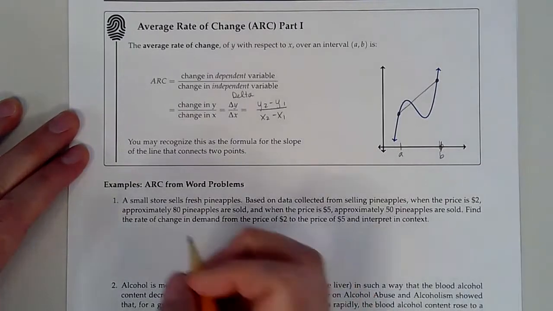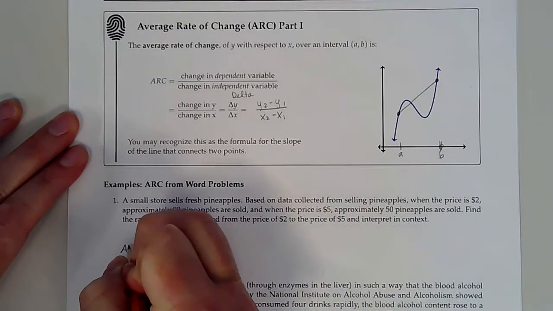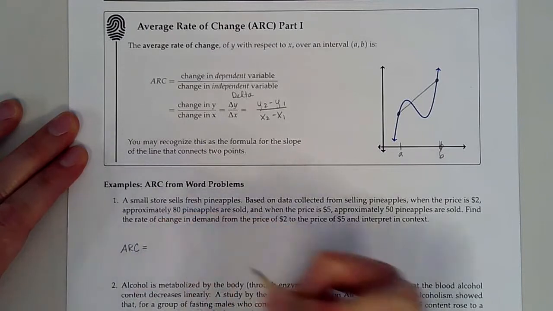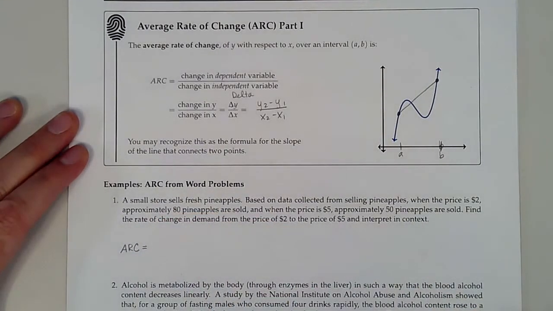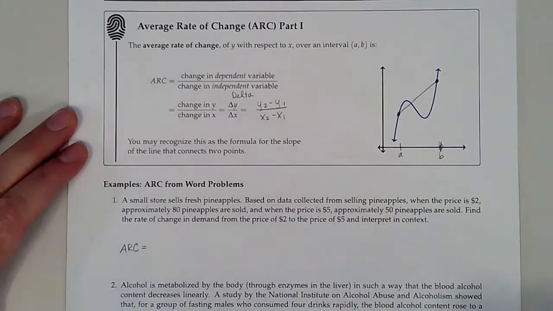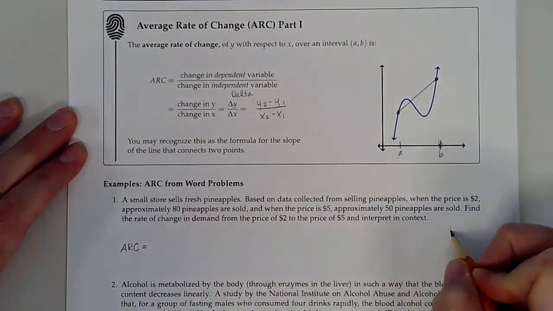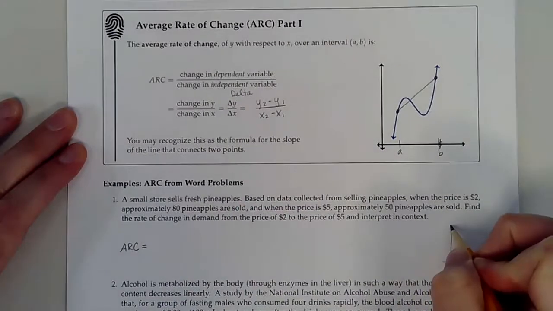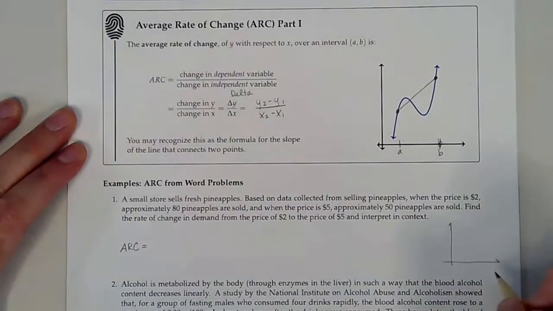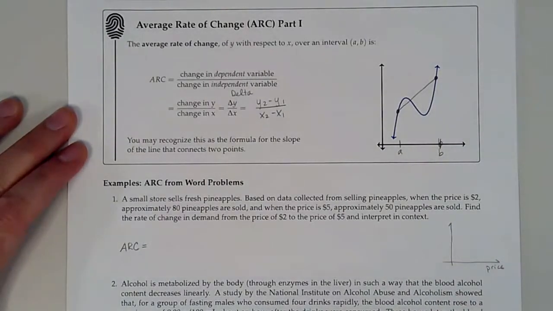So let's start by finding that average rate of change. We know it's the change in the independent and the dependent variables. One way of working on that is to think about how you would graph this. If I made a tiny sketch of this graph, I would put the price on this horizontal or x-axis because that's the thing I can control. I can set the price at $2.